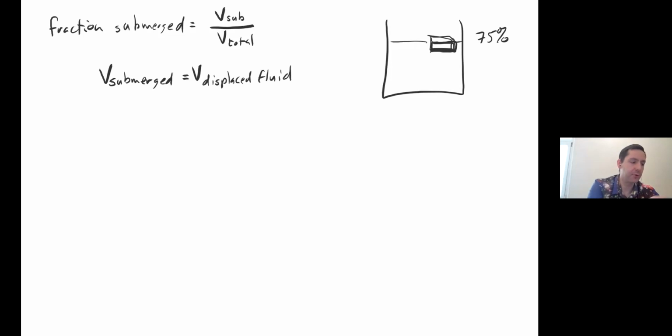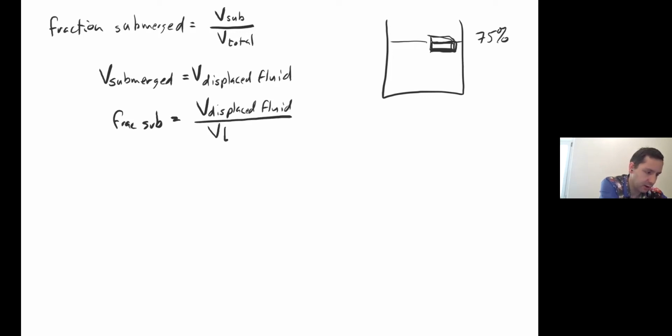Okay, so because the volume submerged is the same as the volume of the displaced fluid, we can rewrite this first fraction: the fraction submerged equals the volume of the displaced fluid divided by the total volume. Okay.